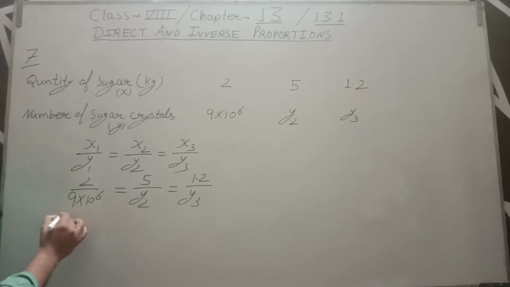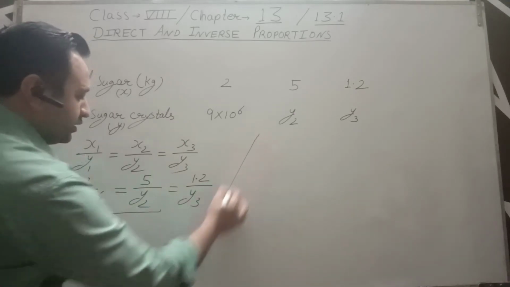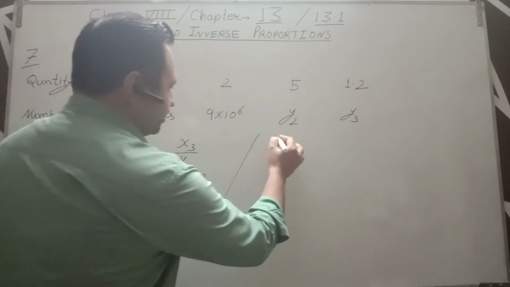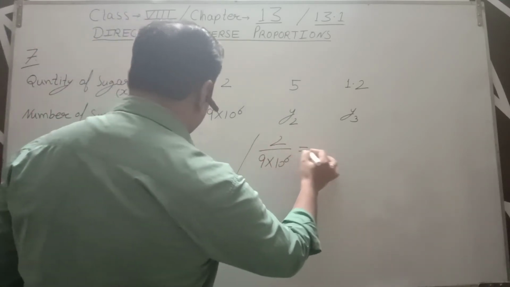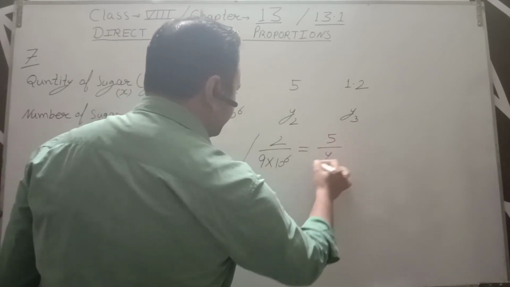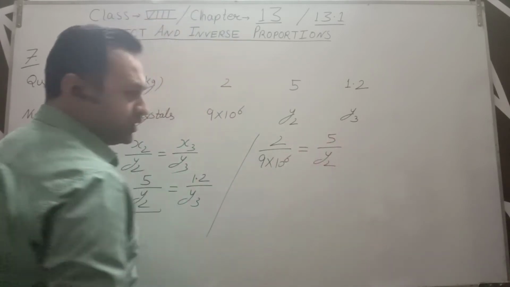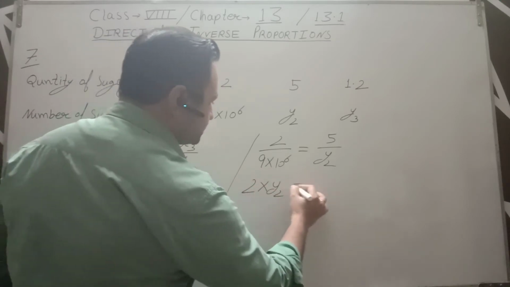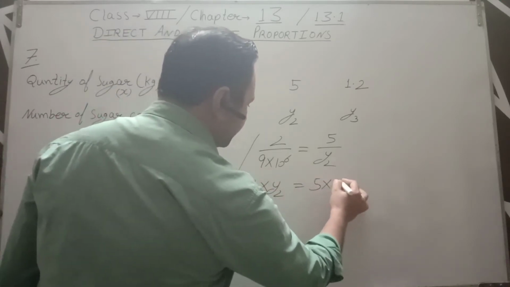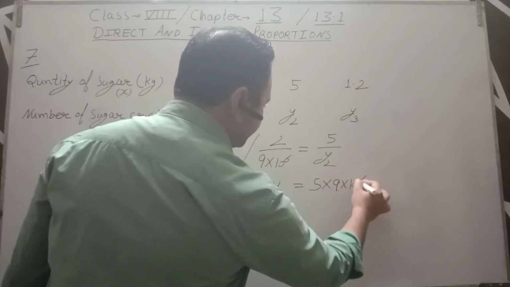Firstly we simplify these two fractions and just note down 2 upon 9 into 10 to the power 6 is equal to 5 upon y2. Cross multiply, so 2 multiply y2 is equal to 5 multiply 9 into 10 to the power 6.